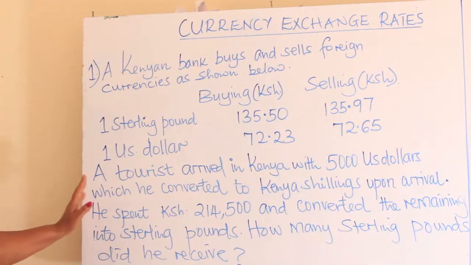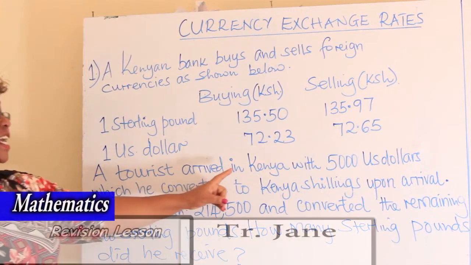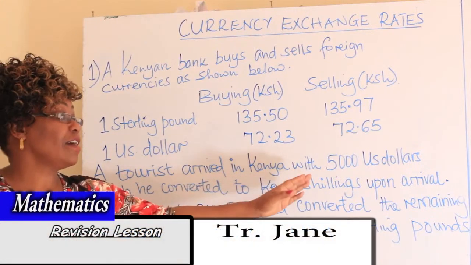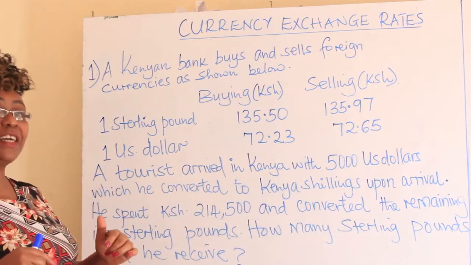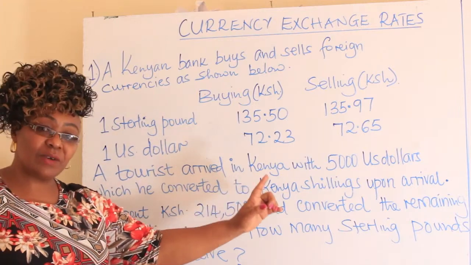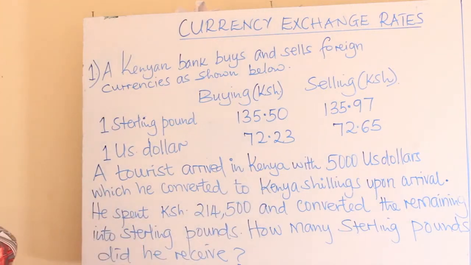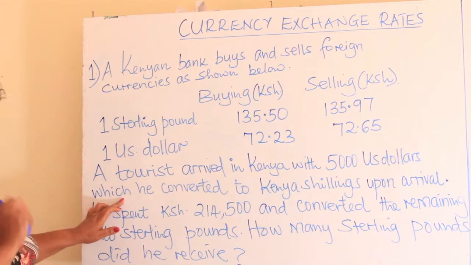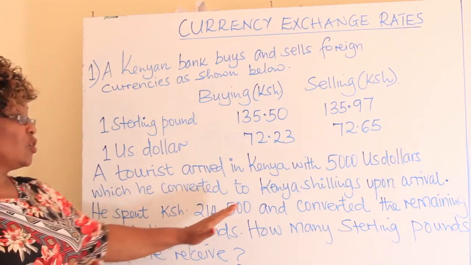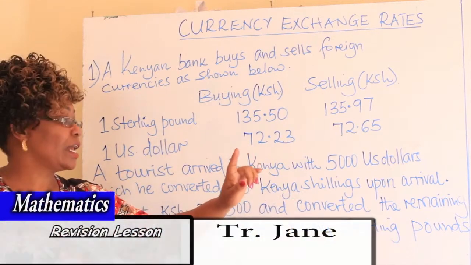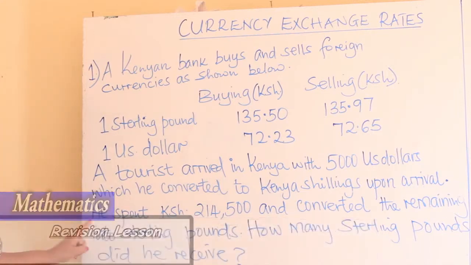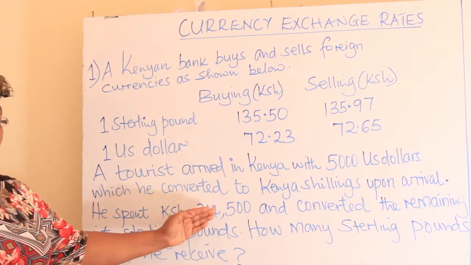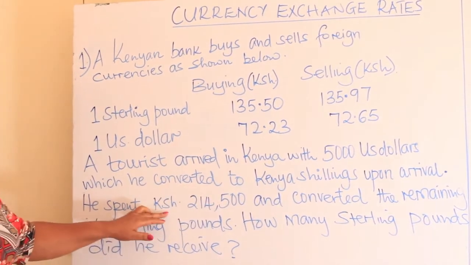We have a question here. We are told that a tourist arrived in Kenya with $5,000, which he converted to Kenya shillings upon arrival. He spent 214,500 Kenya shillings.